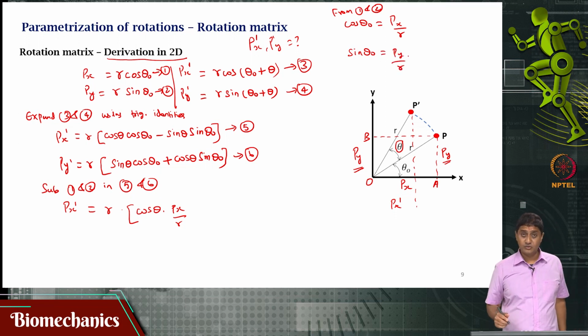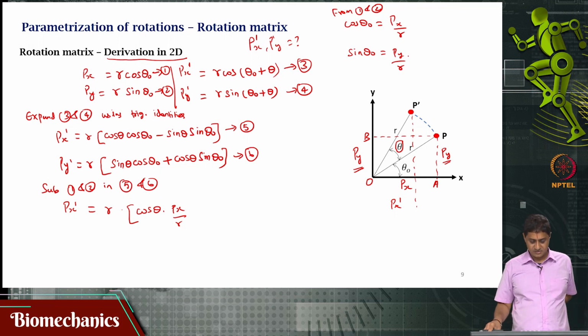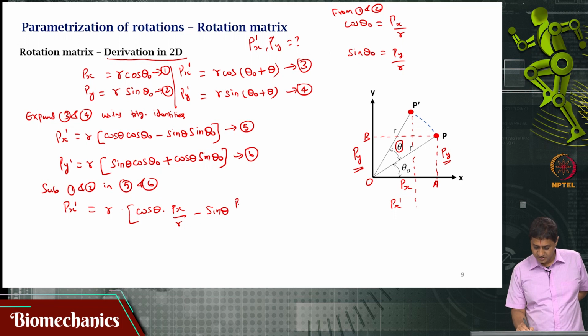So, I am going to replace cos theta naught as Px by r and sin theta naught as Py by r. Okay. So, that gives me, minus sin theta naught is Py by r.